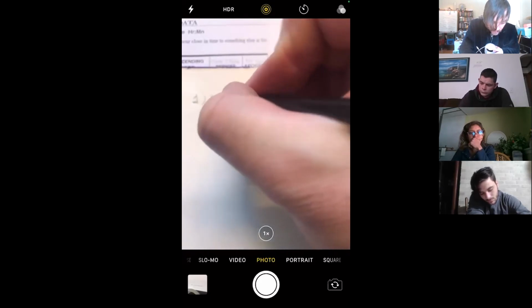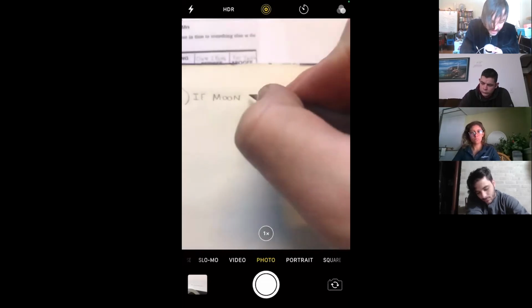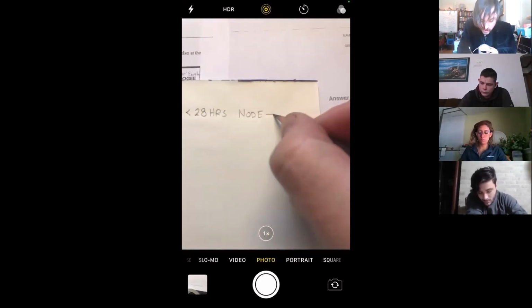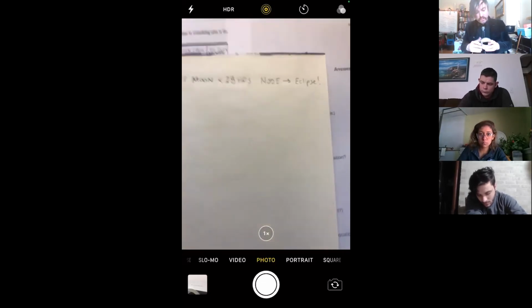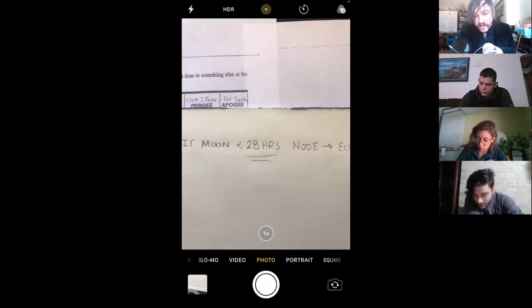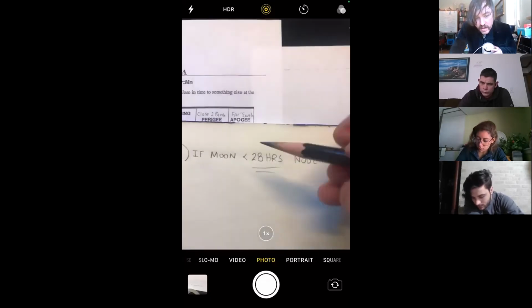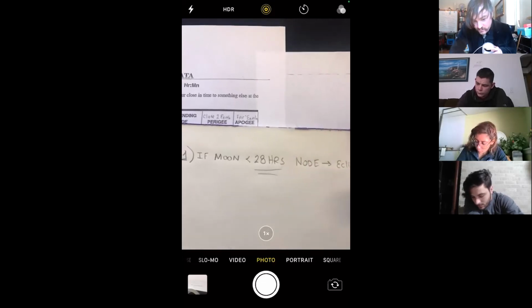If the time of the new moon is less than 28 hours from the time of the node, then pow, you will get an eclipse. 28 hours is the key time differential. Obviously, if the moon and the node happen at the exact same time, you're going to get one hell of a whiz-bang eclipse. But they can be off by as much as 28 hours in either direction, and you'll still get an eclipse.